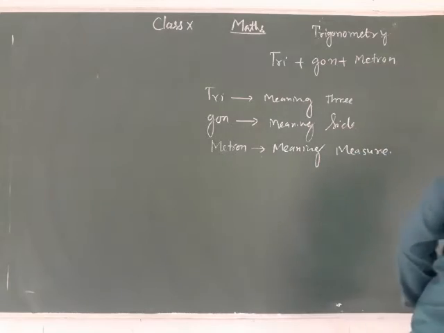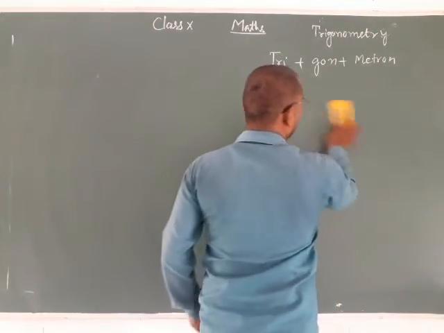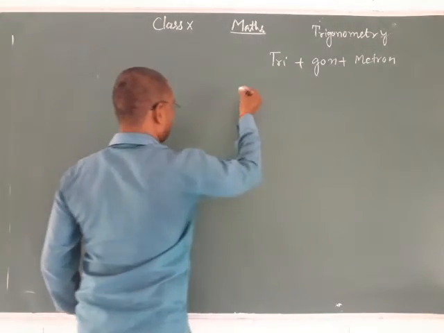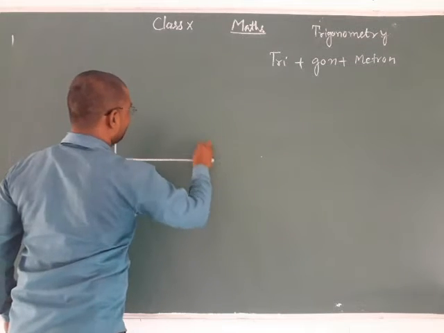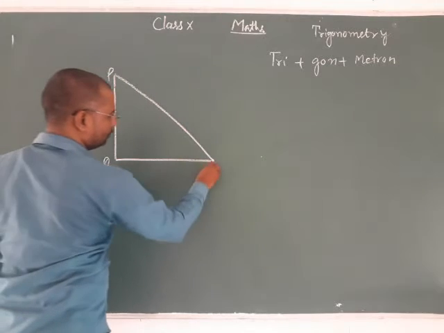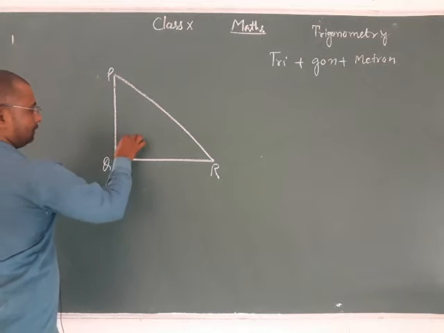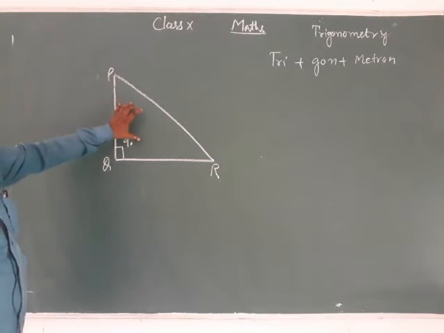So now let's start with a diagram. Draw a right triangle PQR, making angle 90. Trigonometry is possible in a right triangle.